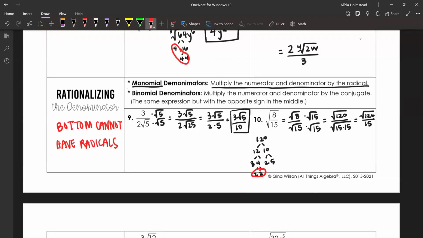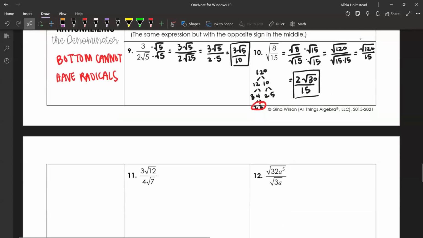We only have one group. So that's going to become 2, and then we'd have left over 3 times 2 is 6 times 5 is 30 over, sorry, 15. And then it's tempting to think that we can do 30 divided by 15, but remember, insides with insides, outsides with outsides. So we could do 2 with 15, but those don't have any common factors. So that would be our final answer.